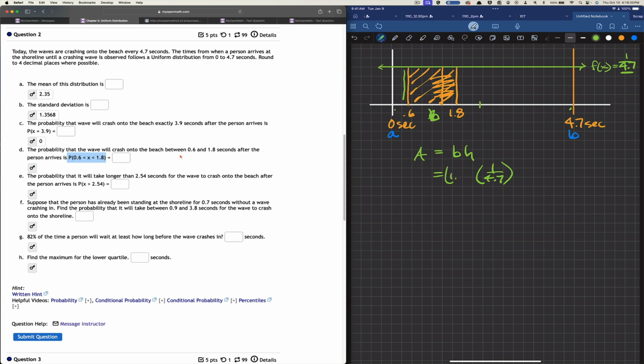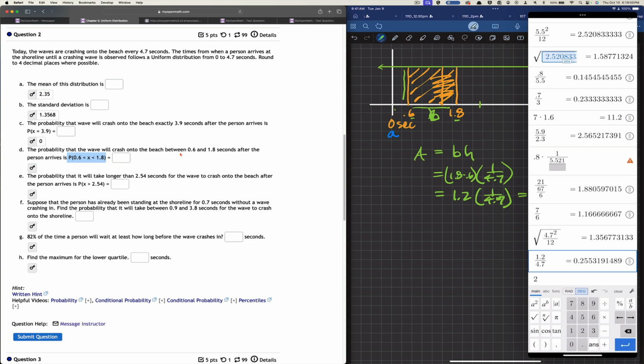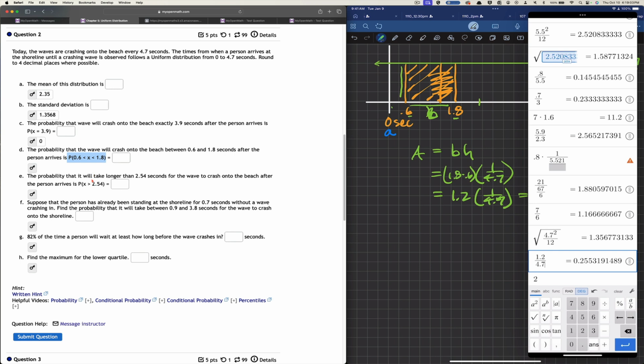And we can just write down 1.8 minus 0.6, because that's that length. So 1.8 minus 0.6 is 1.2. I'm going to multiply that by 1 over 4.7, which is 1.2 divided by 4.7. And I get something like 1/4-ish, but it's not going to be exactly that. It's going to be a tiny bit more than 0.25. So 1.2 divided by 4.7, 0.2553. So this should be 0.2553.